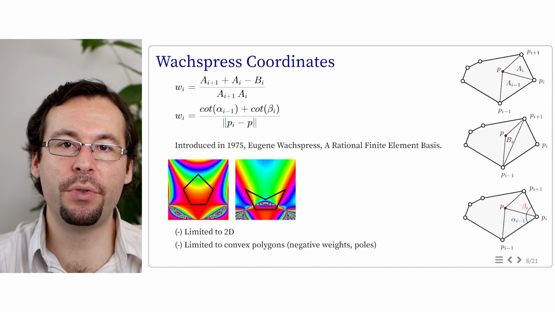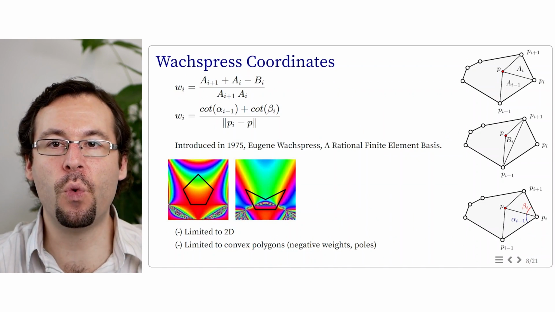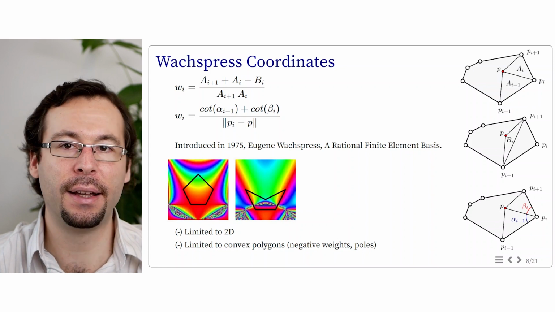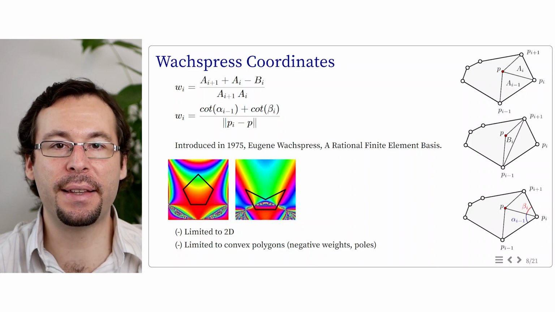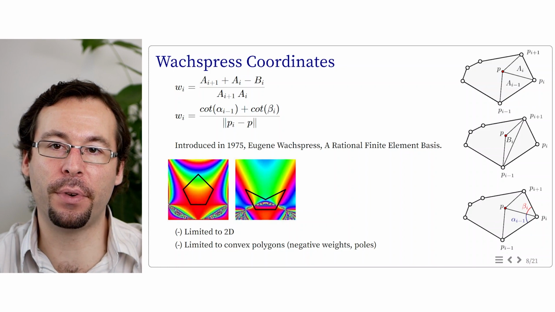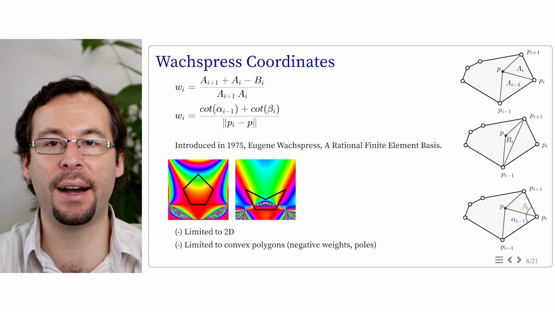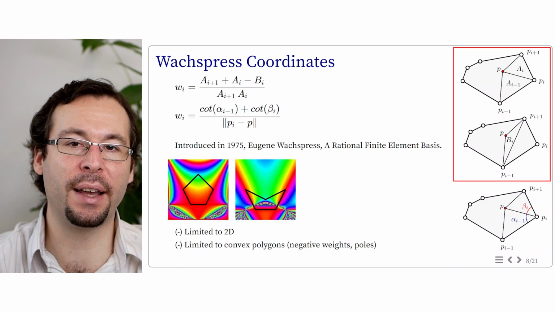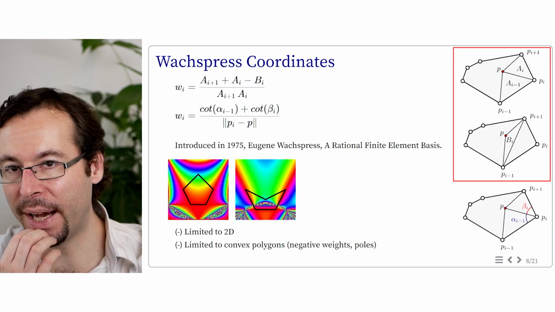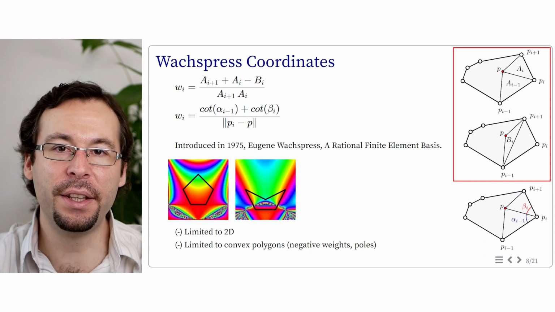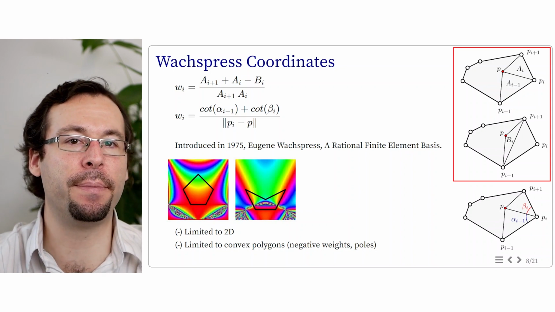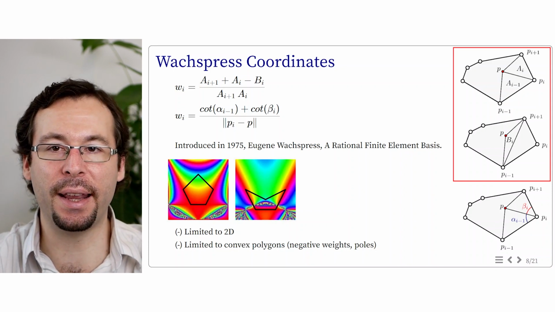A first approach to define these weights is the use of the Wachspress coordinates. The Wachspress coordinates are a generalization of the use of relative areas, where omega i is equal to the area A i plus 1 plus area A i minus 1 divided by the area A i plus 1 times the area A i.